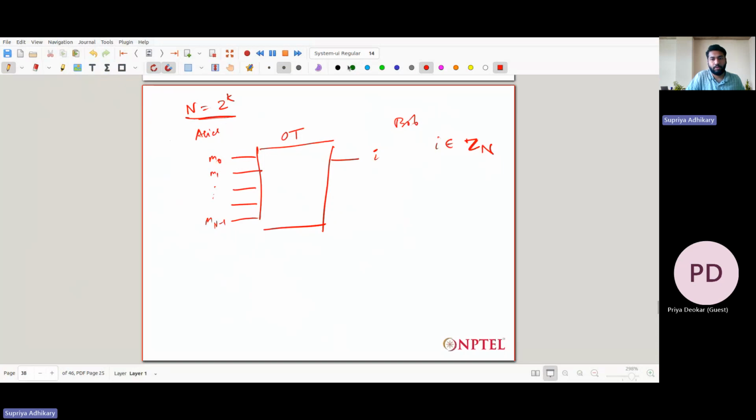And Bob can only get back what mi is. The information about any other messages will not be revealed to Bob. So this is what we want to achieve.